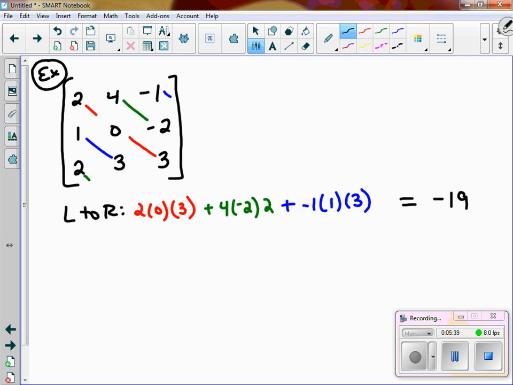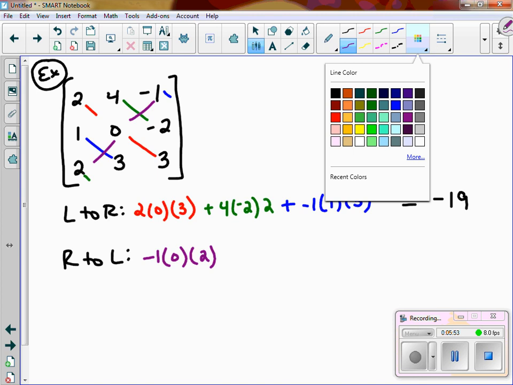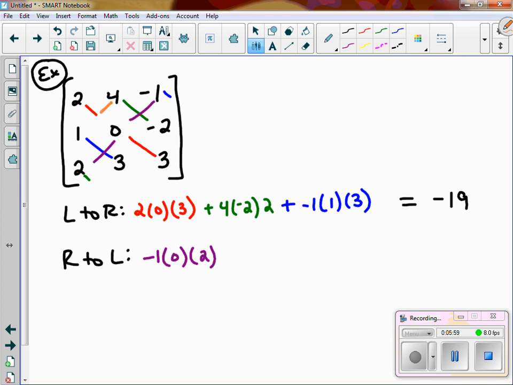Now I'm going to go right to left. So I've got negative 1, 0, and 2. Then I've got, ooh, that's too close of a color, sorry.